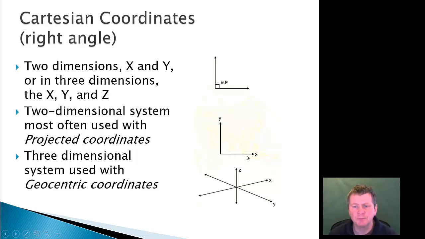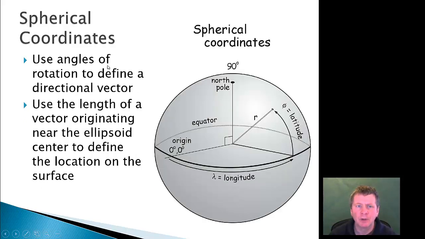So we're going to take the round Earth, or spherical Earth, and project it down onto something that's flat. And in three dimensions, we talk about geocentric coordinates. So now we're at the center of the Earth, and we're going to talk about X, Y, and Z. So for that opportunity, spherical coordinates make sense.